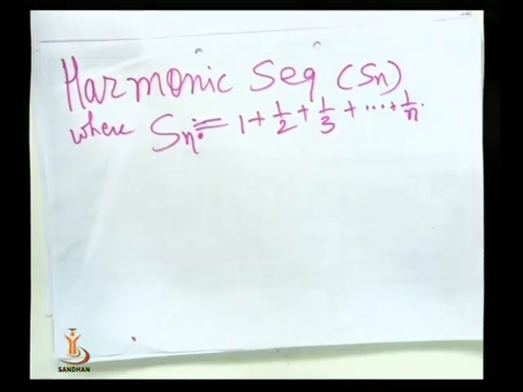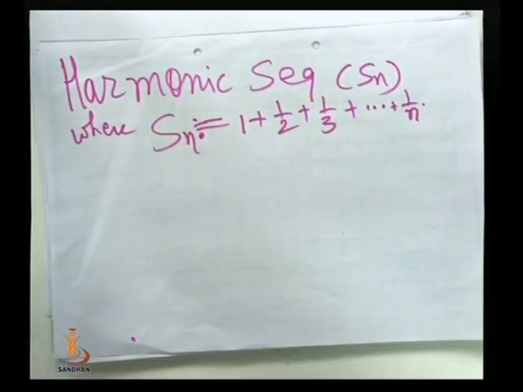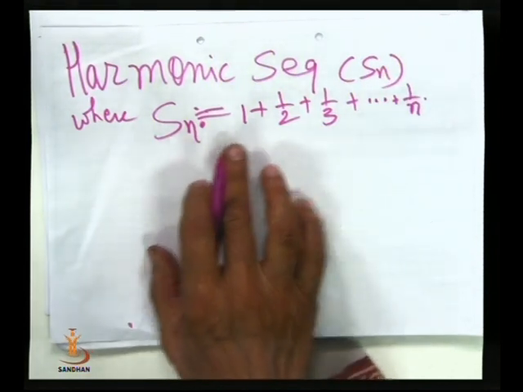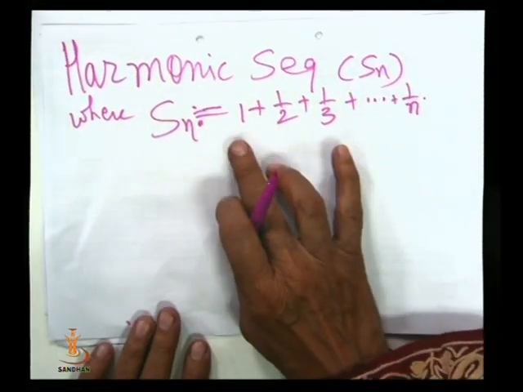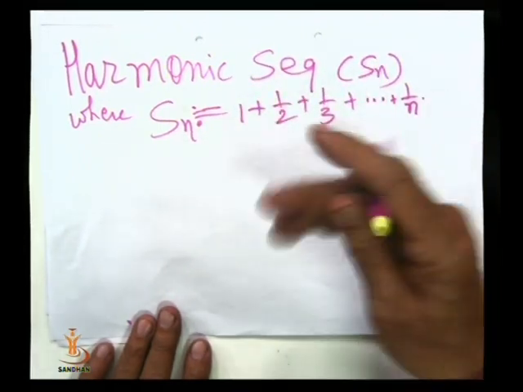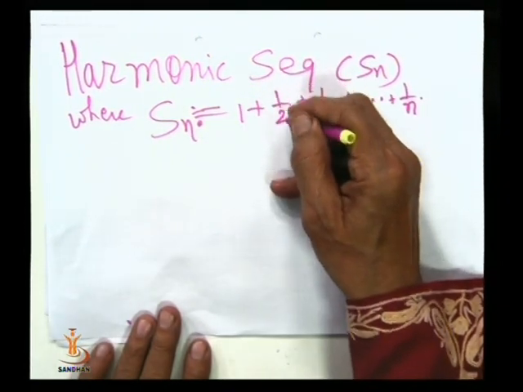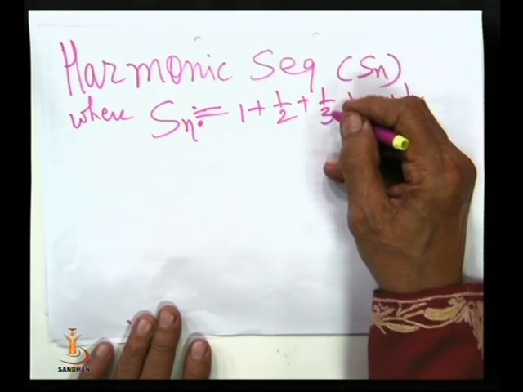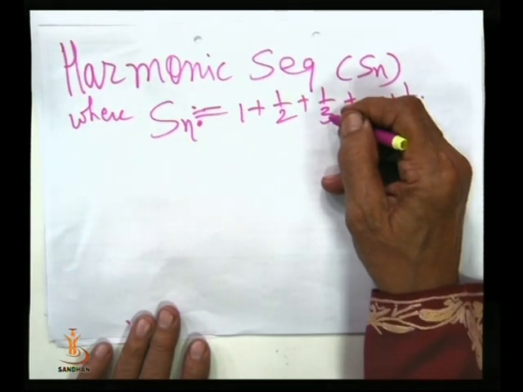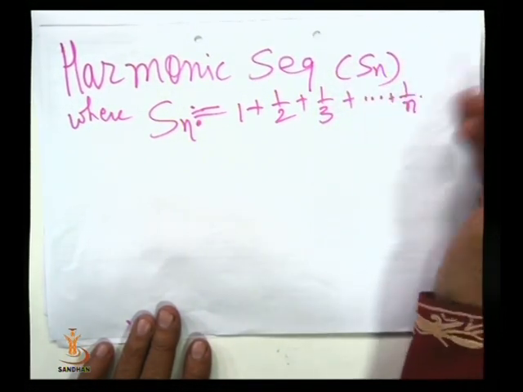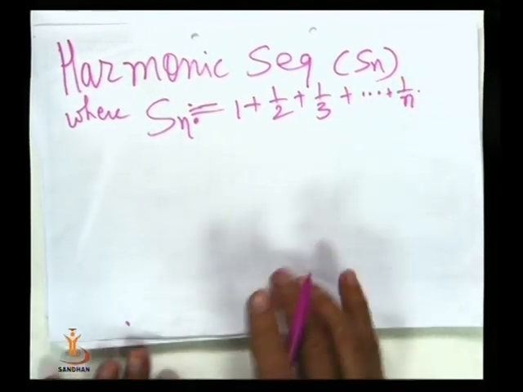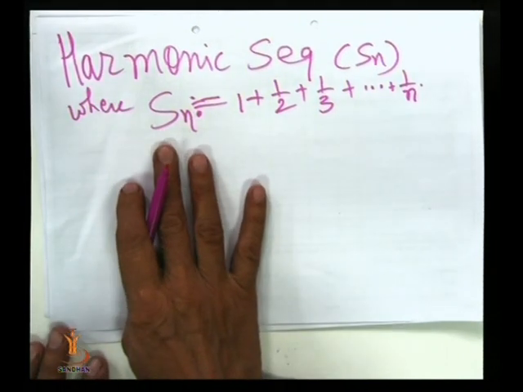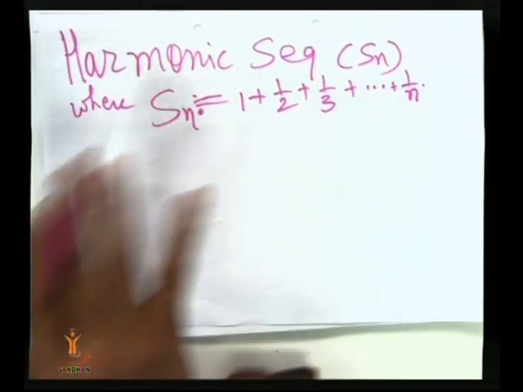Last term is 1 upon n. So if I define sequence Sn where Sn is 1 plus 1/2 plus 1 upon 3 plus up to 1 upon n, that means the first n natural numbers are inverted. 1, then the inverse of 2, so 1/2, reciprocal of 3, so 1 upon 3 and so on. Reciprocal of n, or inverse of n, 1 upon n. Now this sequence is called harmonic sequence.